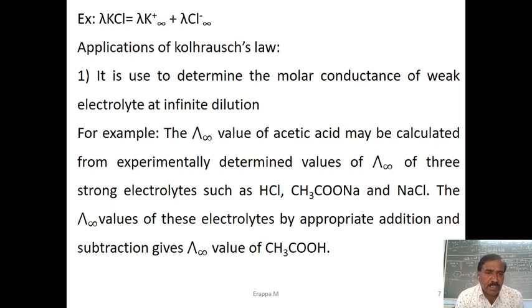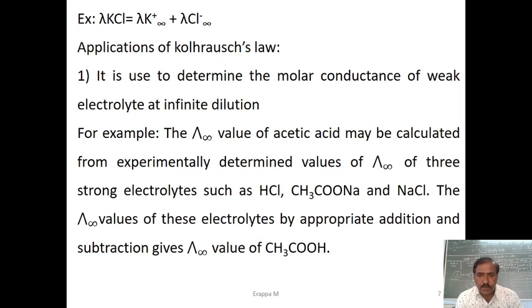For example, the lambda infinity value of acetic acid may be calculated from the experimentally determined lambda infinity values of 3 strong electrolytes such as HCl, CH3COONa, that is sodium acetate, and sodium chloride.